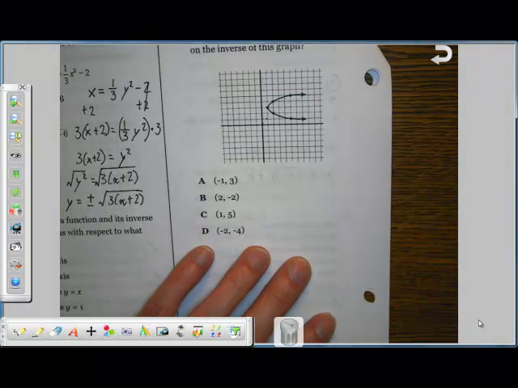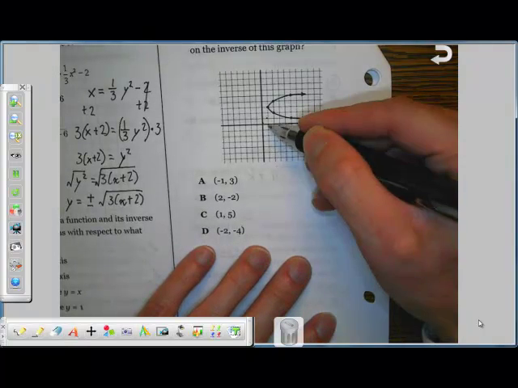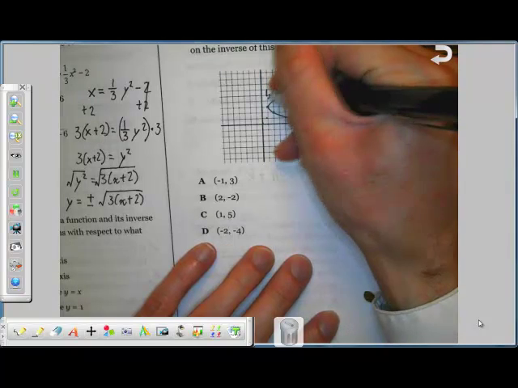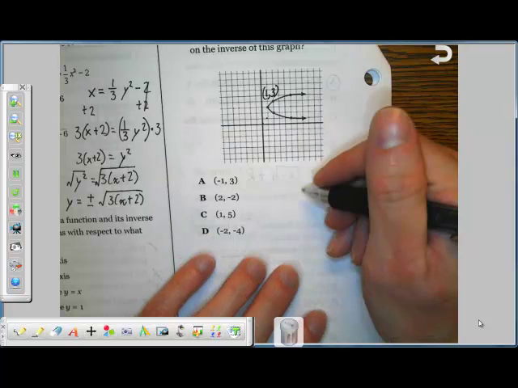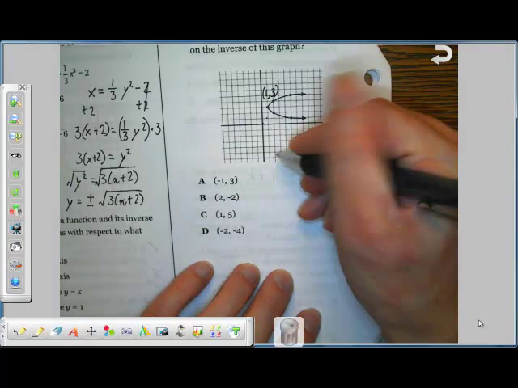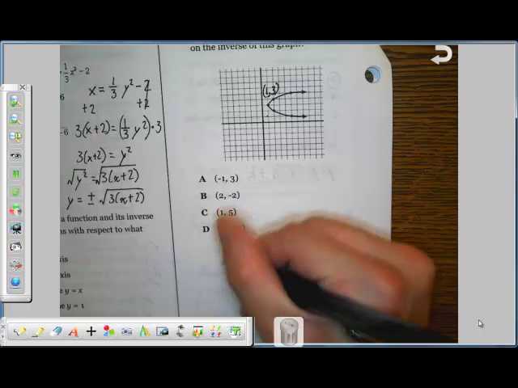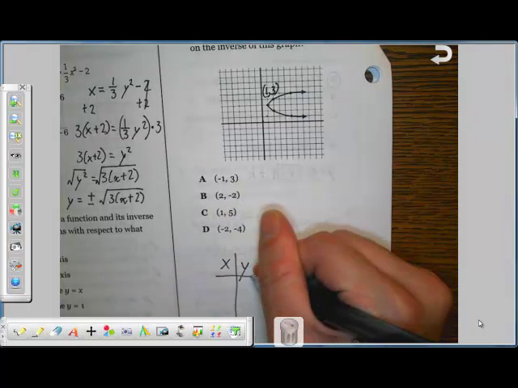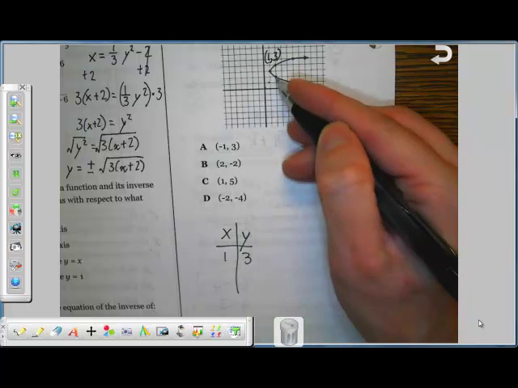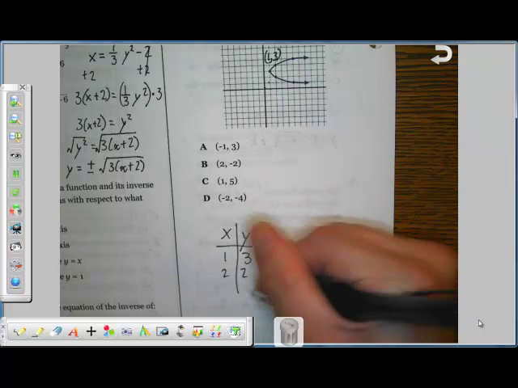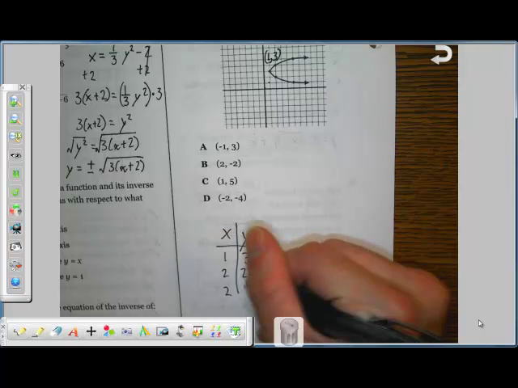Let's actually plot some of these definite points. Here you had 1, 3. Now, the inverse of that, now let's go on ahead and plot all of these points. So we have a table. So you had 1, 3. You had 2, 2. And you had 2, 4.